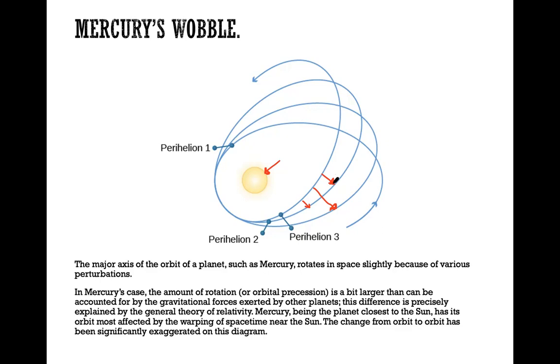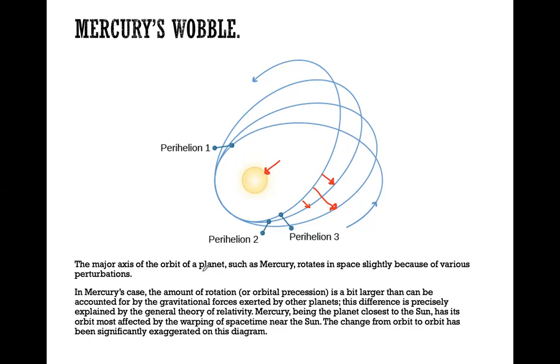Basically, if you do the calculation using the perturbation effect, it is not that much, and this wobble is even greater than that. And the reason, later identified, is the curvature of the space-time near the Sun. So that is what has happened, and this was then very accurately calculated by the theory of general relativity. Right? So that's what I have mentioned here.